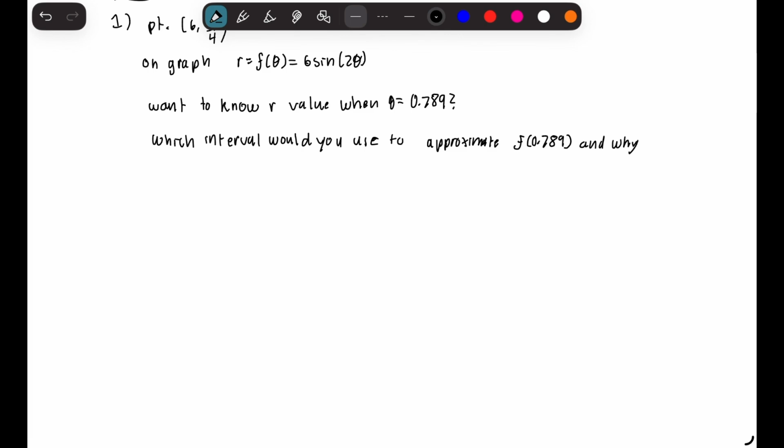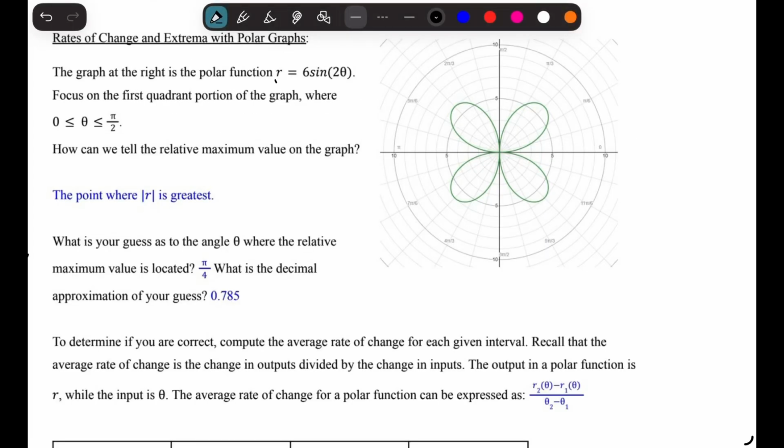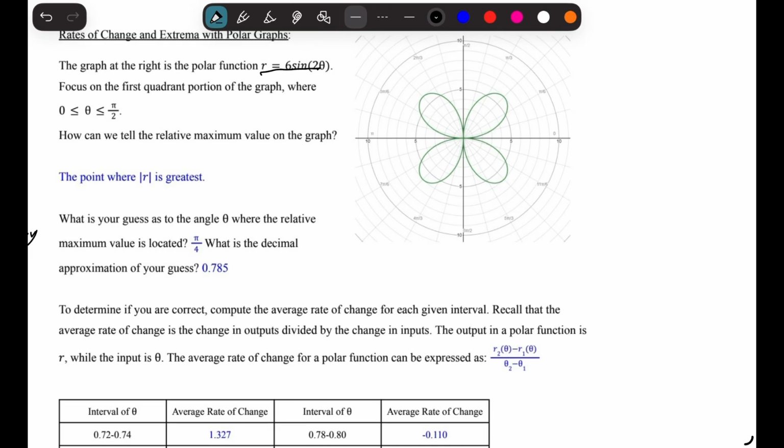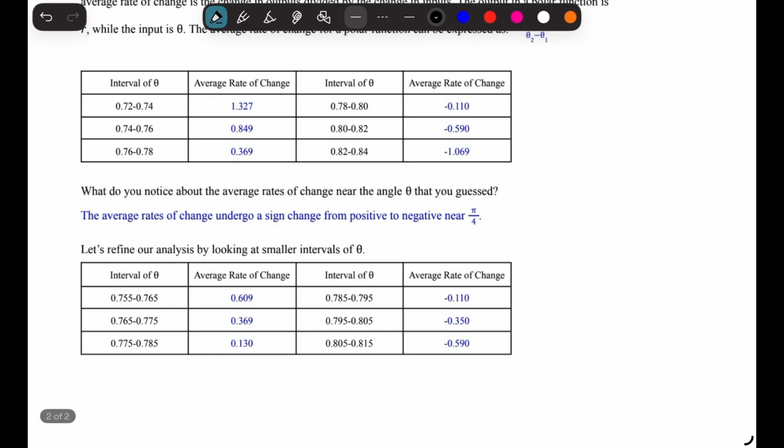If we have our table of values for our graph of r equals 6 sine of 2 theta, where 0 is less than or equal to theta, which is less than or equal to pi over 2, we're going to choose the interval of 0.785 to 0.795.